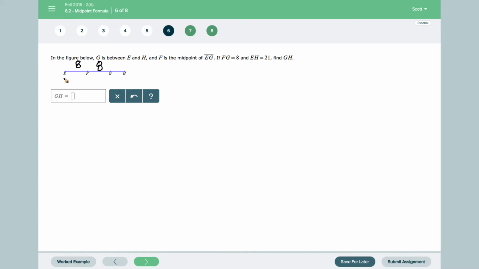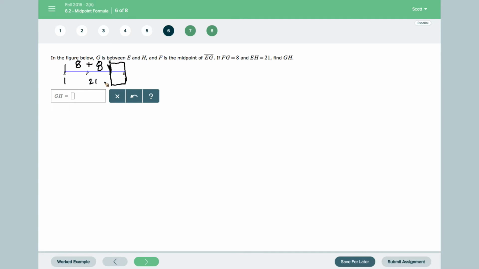EH from here to here is 21. Find GH. Okay, well, we need to find this piece right here. And so what we need to ask ourselves is from here to here is 16. 8 plus 8, right?